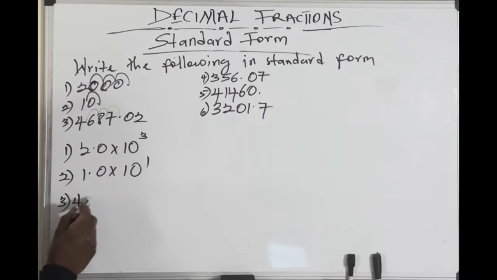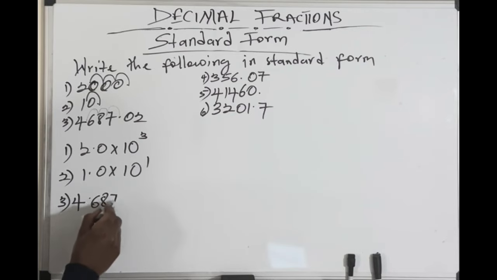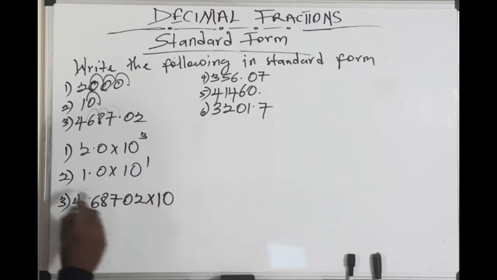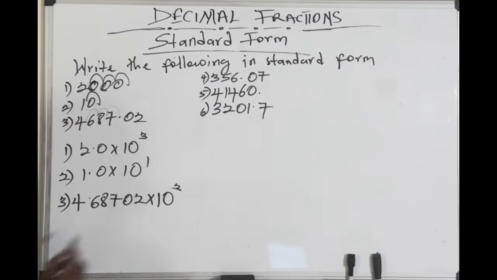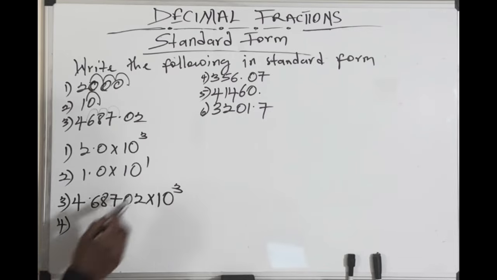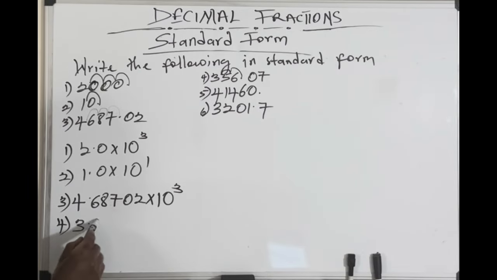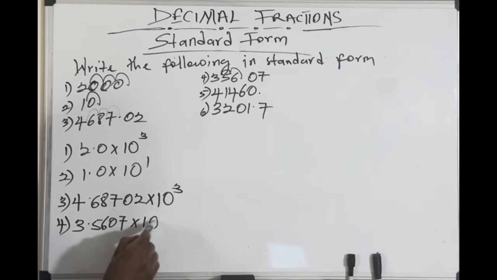The third one, we're moving 1, 2, 3. So 4.6870 times 10. How many times do we move? 3. And 4. Move 1, 2. So 3.5607 times 10 raised to the power 2. Then 5.